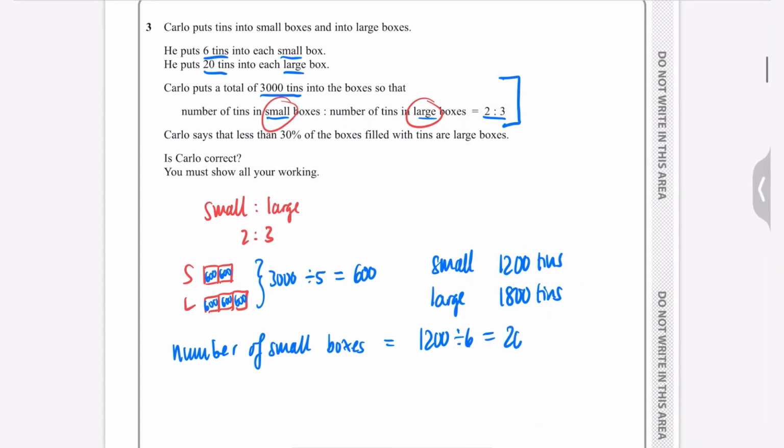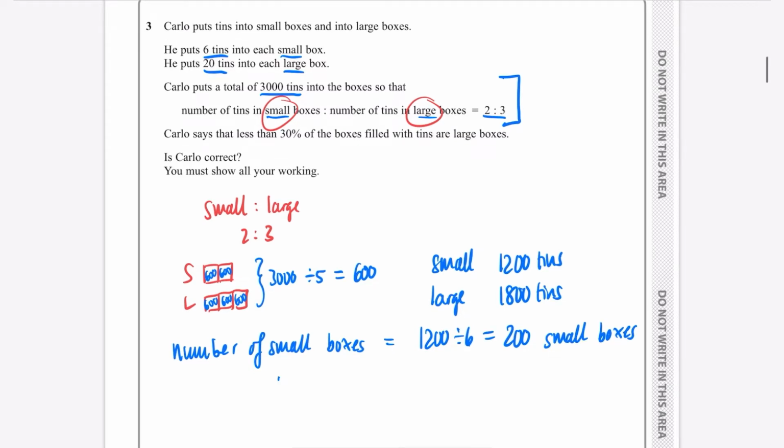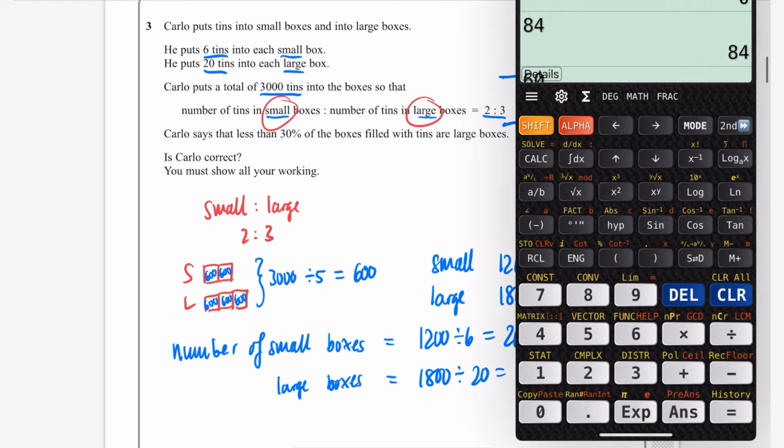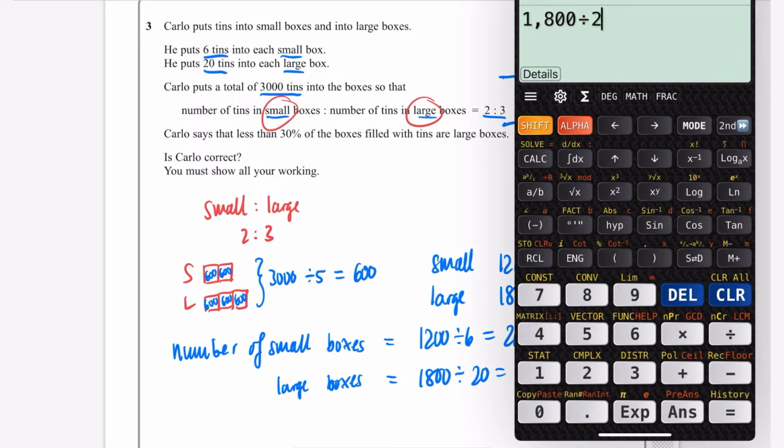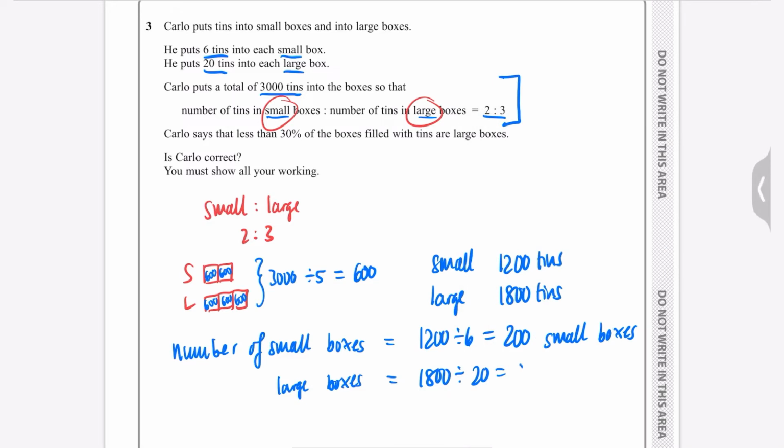So there's 200 small boxes. And then for the number of large boxes, we're going to do our 1800, and there are 20 per box. So I'll do 1800 divided by 20, which is 90. So there are 90 large boxes.